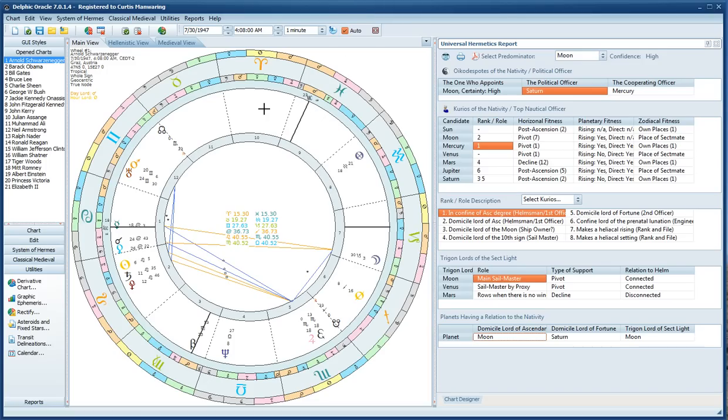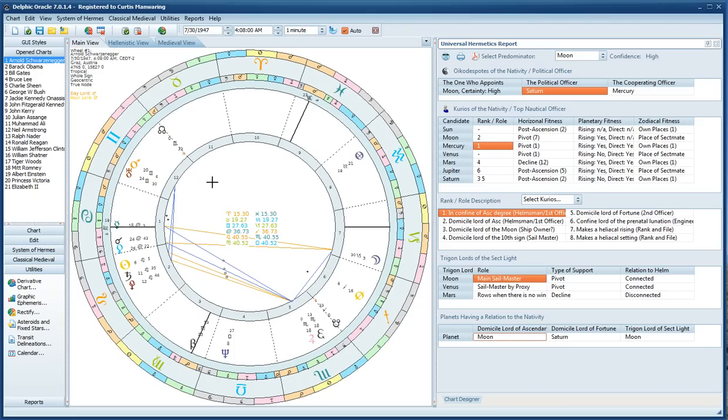The idea is that the chart is like a boat on the ocean, and that the various parts represent various parts of the ship. For example, the midheaven axis represents the mast, and the ascendant, which they literally call oiax, means the helm, and it represents the steering of the ship, where the bow of the boat is pointed, so to speak.